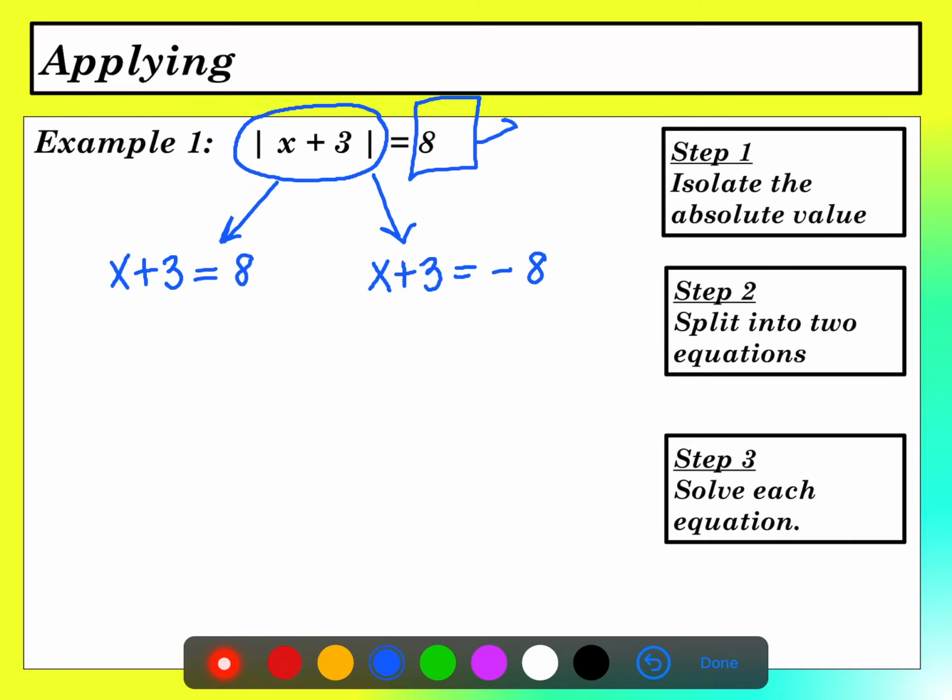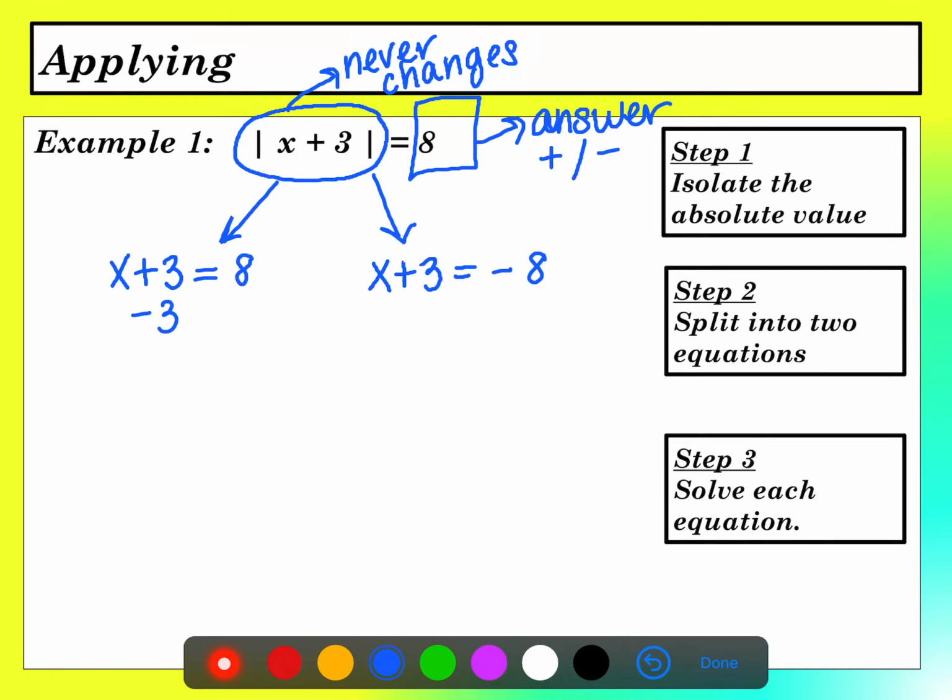So our answer, okay, in the original equation, the answer is what we change, one with the plus and one with the minus. Okay, the expression inside the bars never changes. It's always x plus 3 no matter what we're doing.